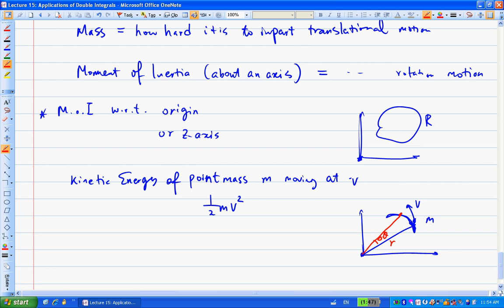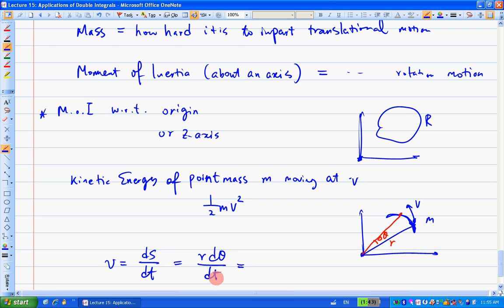We do this. The v is basically ds over dt, and ds is basically the displacement. When you travel from here to here, that's the ds. This ds can be expressed using the r and the theta, so ds will simply be r d theta over dt.